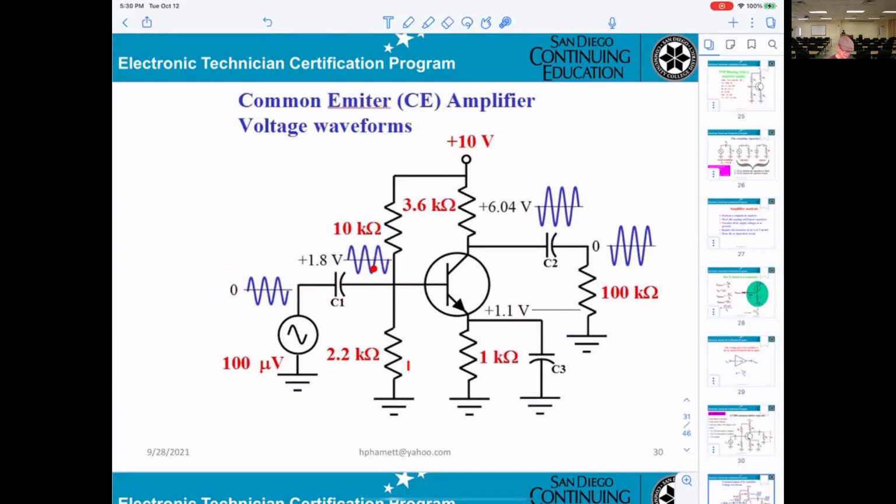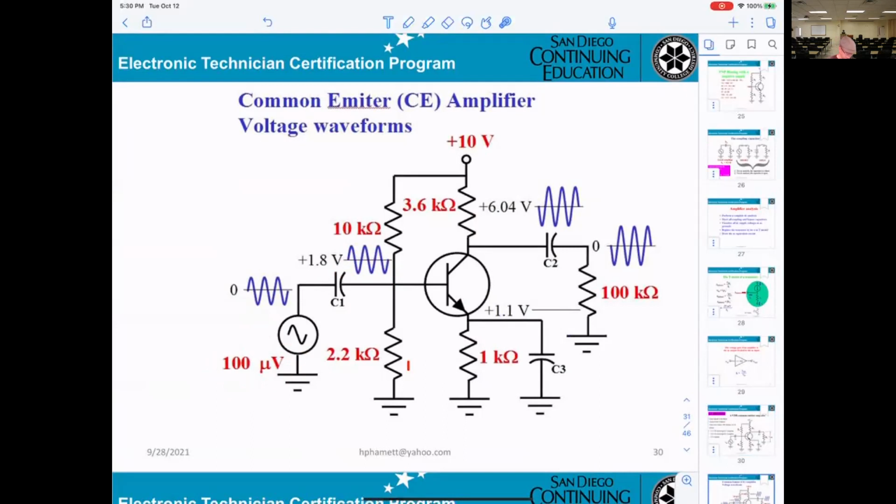However, at the base, you get two voltages. One is 1.8 volt DC from the DC calculation, and this sine wave is very, very small, for example 100 microvolt, compared to 1.8 volt DC.